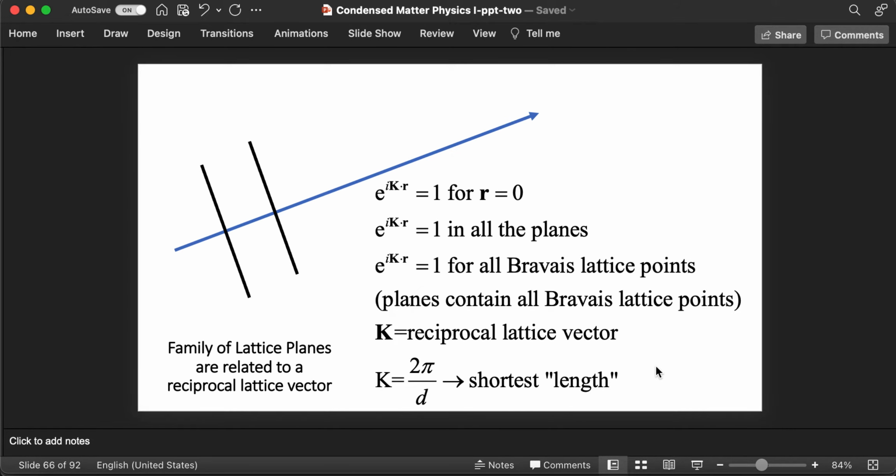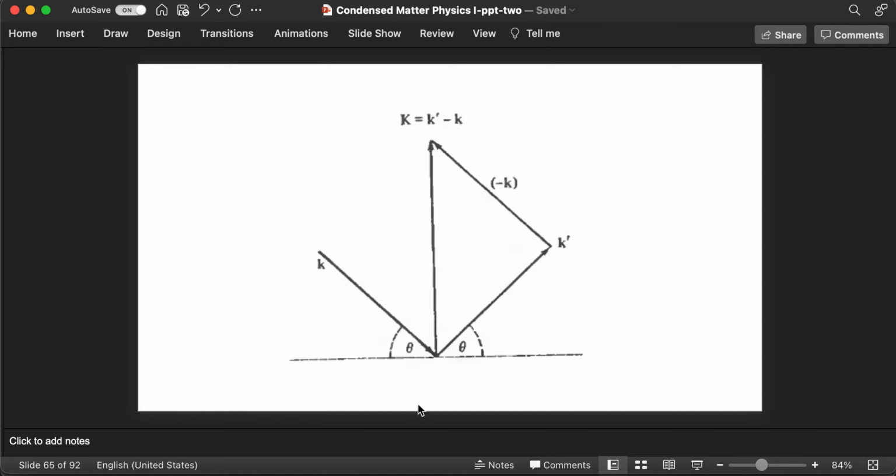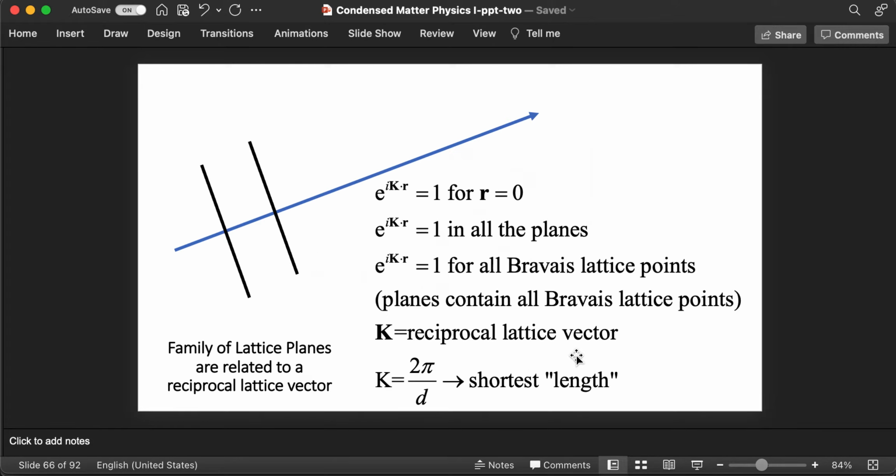Now, please remember, in the previous videos we said that given a set of lattice planes, when I draw one plane like this, it obviously means it's a lattice plane and there's a family of lattice planes. So given a family of lattice planes, you can always represent that family by a perpendicular vector, and that perpendicular vector is a reciprocal lattice vector, and the shortest length of that reciprocal lattice vector is 2 pi by d. This is what we discussed in the previous class.